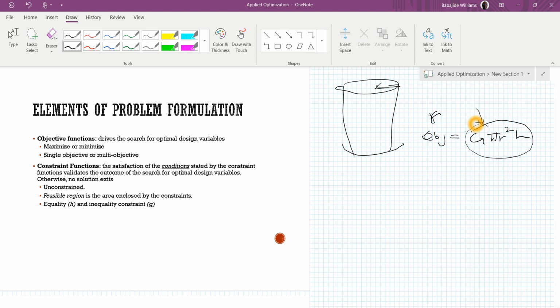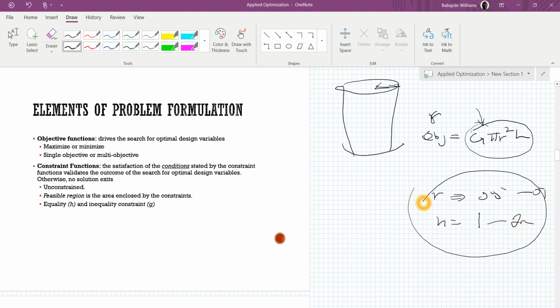Based on constraints, some constraints like the radius should be between maybe 0.5 to 0.7, or the height should be between 1 to 7 meters. So all of those things mean you can't go beyond these constraint values, or go below them, because if you do, then you'll be violating the optimization problem.